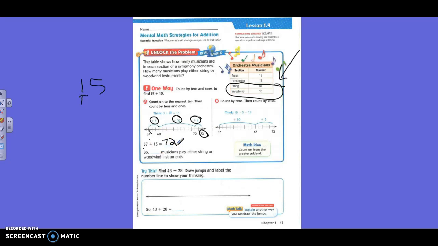The other way to do it is to jump by just 10 first and to count up by 10s. We talked about this yesterday. If I had the number 7, I wanted to count up from 7 by 10s.